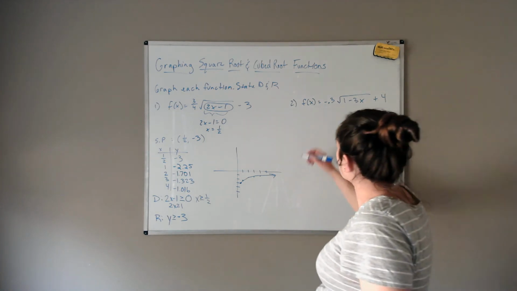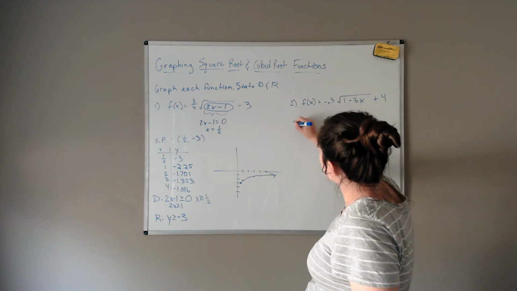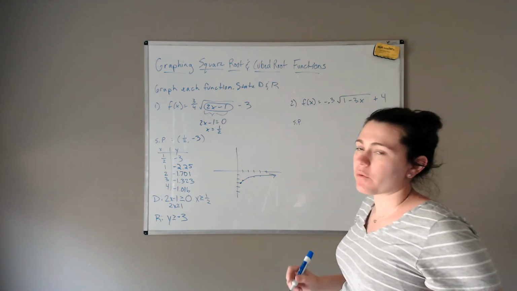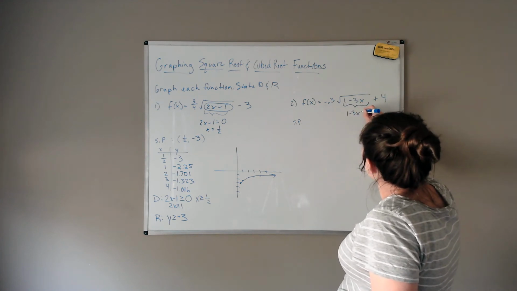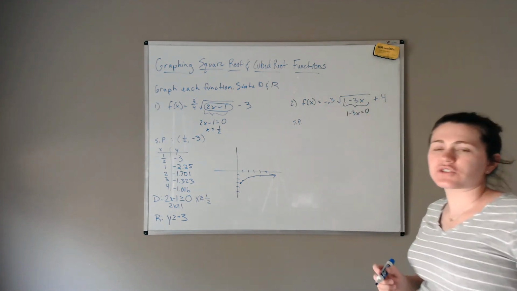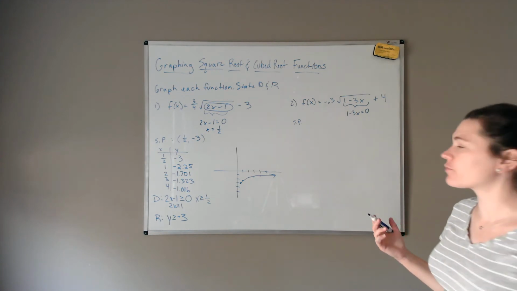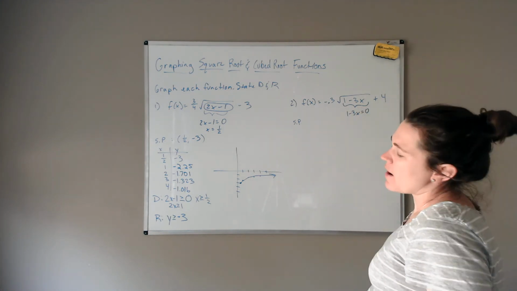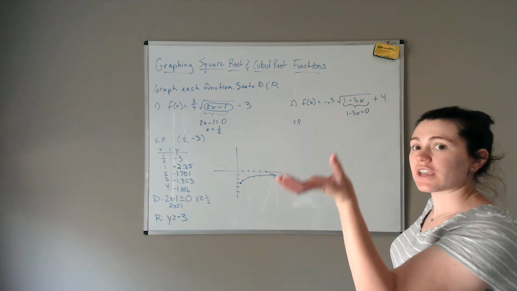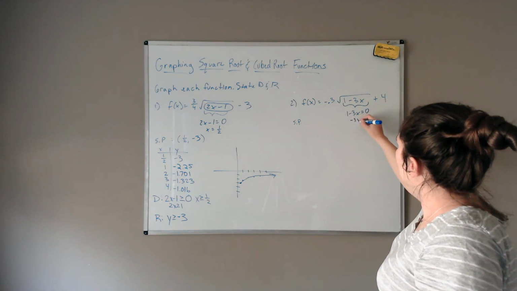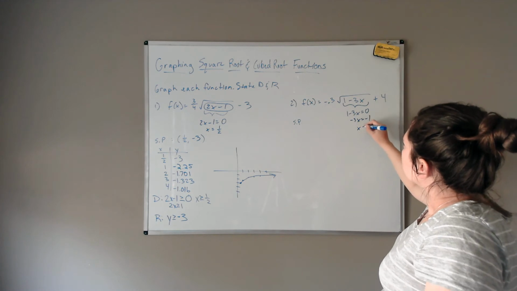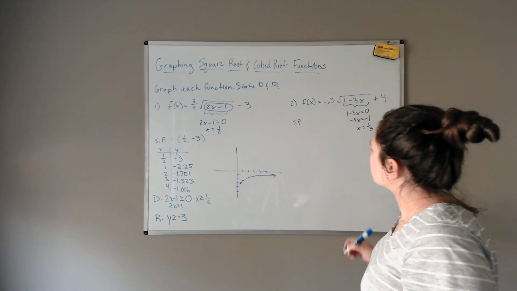The first thing is, this is a square root, so I am concerned with finding the starting point here. What makes 1 minus 3x equal 0? That's going to be the x-coordinate of my starting point, because that's going to be the first value plugged in. The parent, remember, x was 0 because it gave you that unique output of 0. So we solve this, we get negative 3x equals negative 1. We get x equals 1/3.